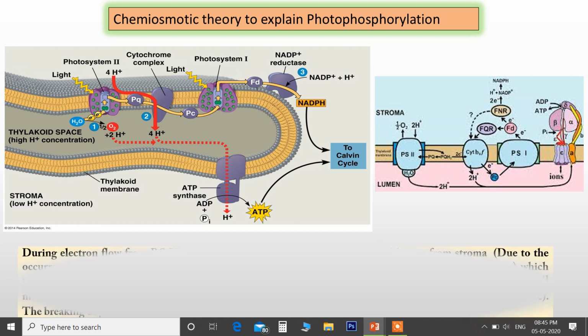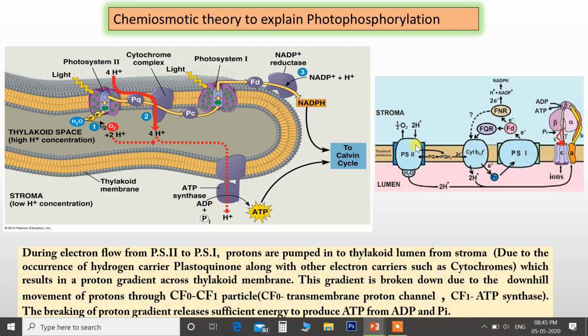So we can summarize the whole point like this. Accompanying electron flow from PS2 to PS1, protons are pumped into the thylakoid lumen from stroma, because of the occurrence of the hydrogen carrier plastoquinone along with other electron carriers such as cytochromes.